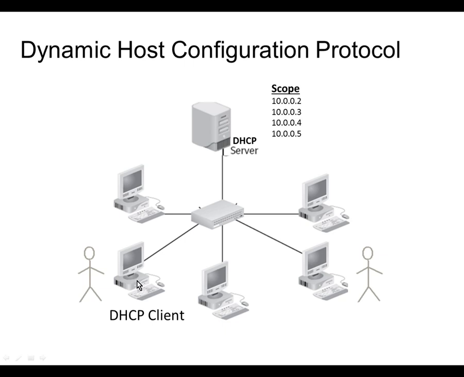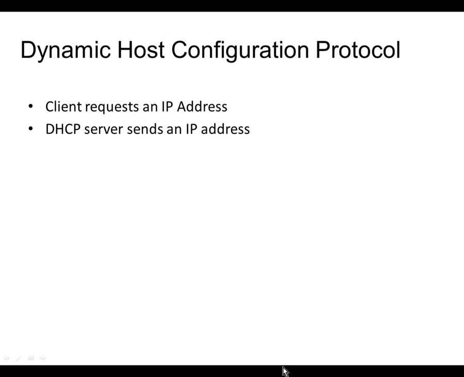So when you turn on the DHCP client, it requests an IP address from the DHCP server, and the DHCP server pushes down the first available IP address. The client requests an IP address, and the DHCP server sends an IP address.